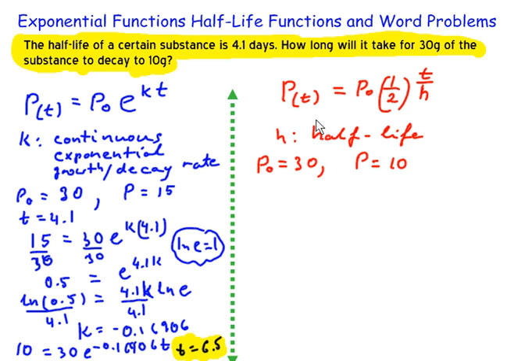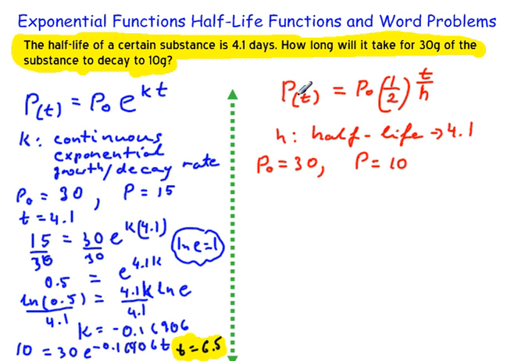Using the equation provided on the right hand side of the screen, we will see that now the base is 1/2, the exponent is t over h. H represents half-life time, which is 4.1 days in our case. So we have to find the time that is needed for 30 grams to shrink to 10 grams.